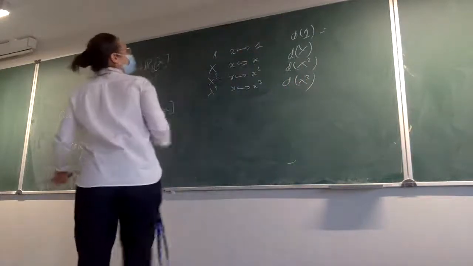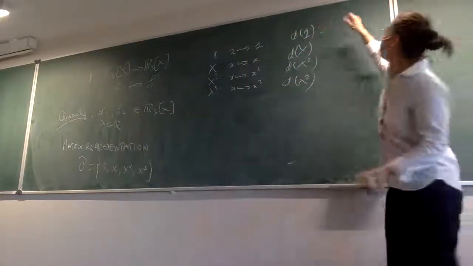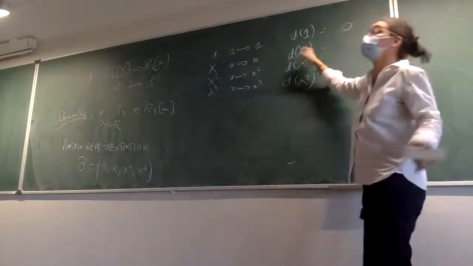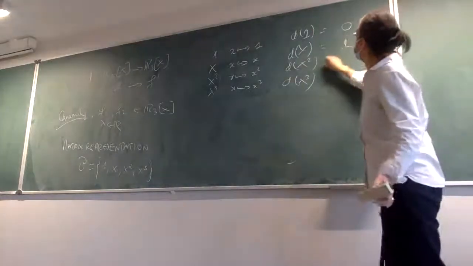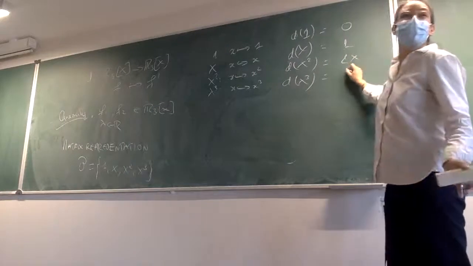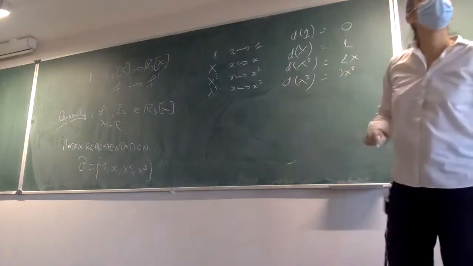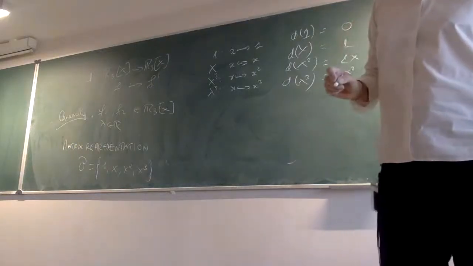I guess it's going to be easy. Derivative of 1 is 0, the zero polynomial. Derivative of x is 1, then 2x, then 3x squared.